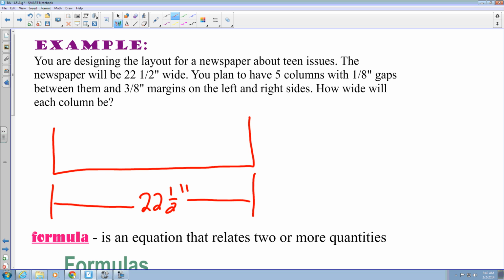All right. From this, I know that there's going to be a margin that is 3/8 of an inch on the left and right hand side. And I know there's going to be 5 columns in between that. So this is column 1. And I know that there's a 1/8 inch gap between that. This is column 2. Another 1/8 inch gap.